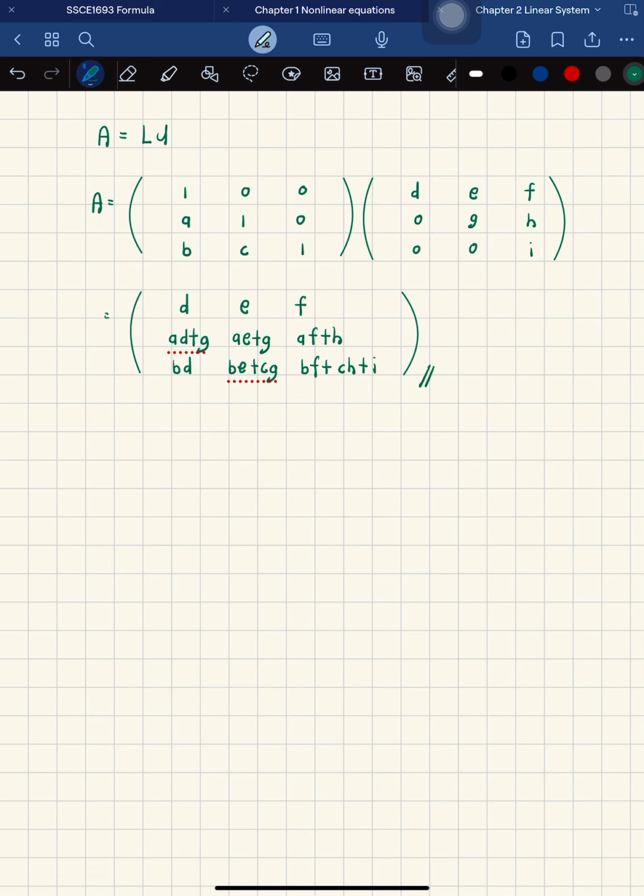We will use this matrix to compare with the values of the elements in our matrix A.